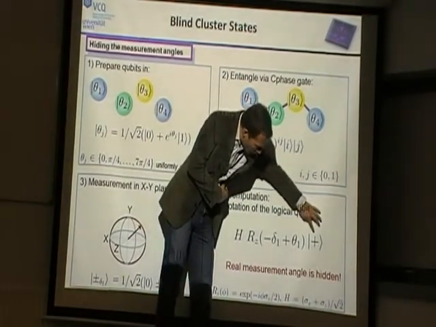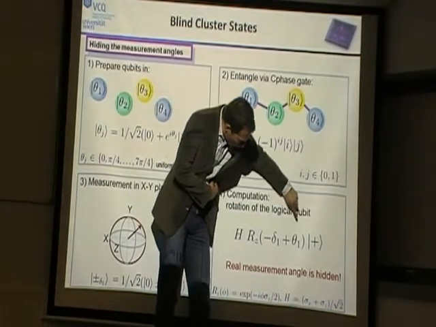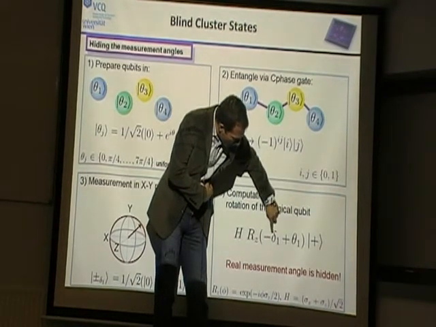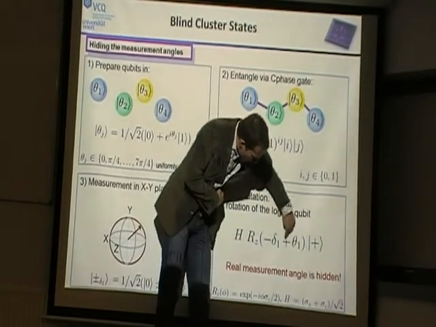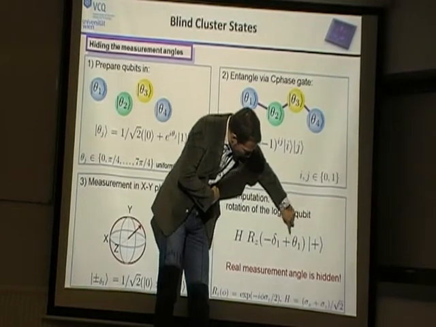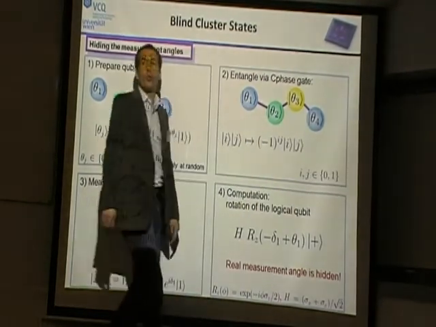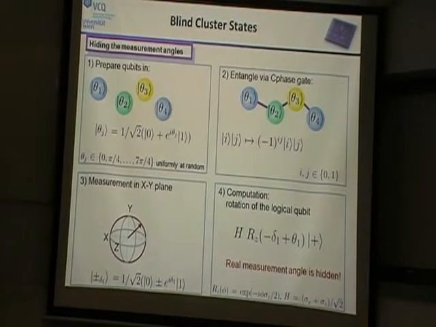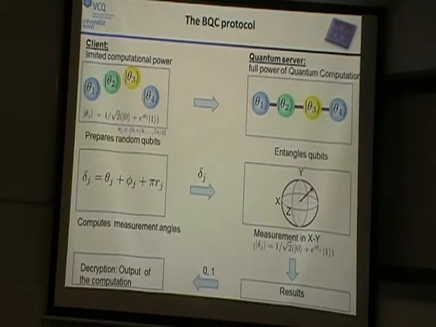You take, in principle, a plus state and you rotate according to the measurement setting theta. But here we have this new parameter, okay? Since he doesn't know the underlying qubit phase, he doesn't know what kind of actual rotation he's going to implement. Voila, he doesn't know what kind of identity or CNOT he is doing. That's the point. So the protocol looks just as before. The client prepares qubits, needing no computing power, and sends them with his random phases to the computer, which makes a cluster.